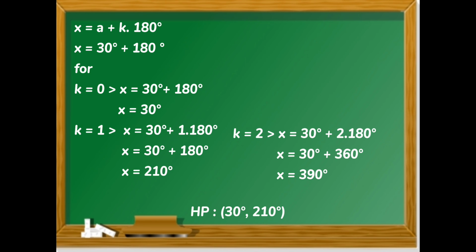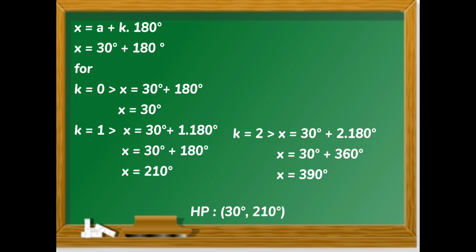x equals 30 degrees plus 180 degrees, we get x equals 210. We see 210 is in the range 0 to 360, so it satisfies.